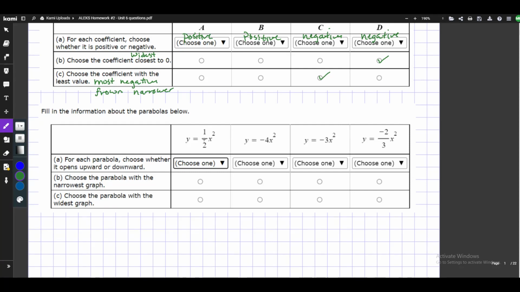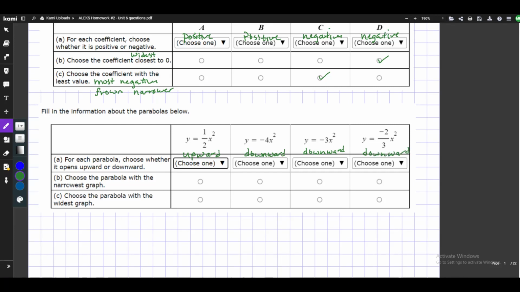If we have a positive, it is going to be upward. So this is up. This one's negative, so it'll be downward. This is negative, so it'll be downward. And this one's also negative, so it'll be downward.